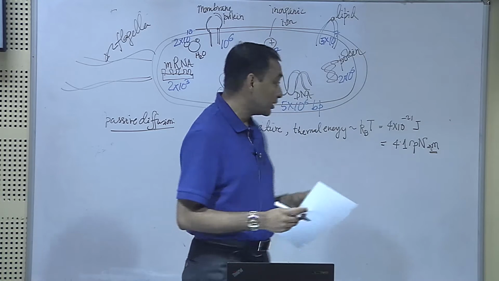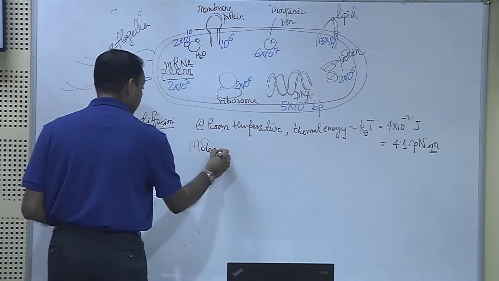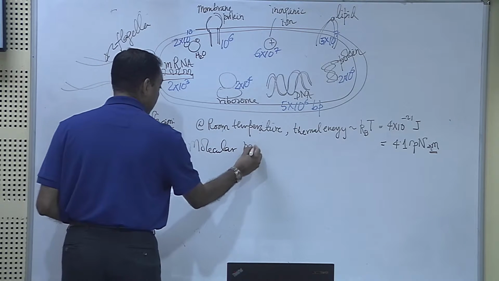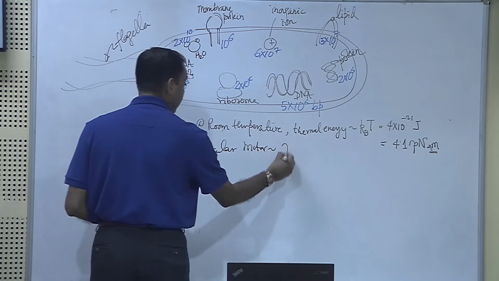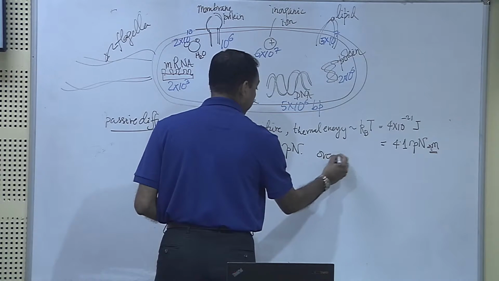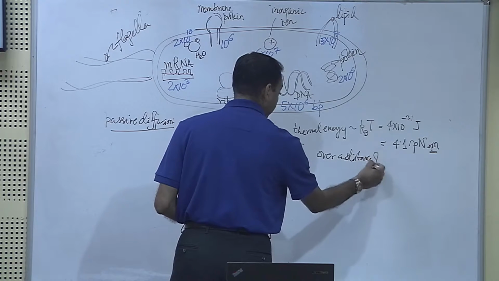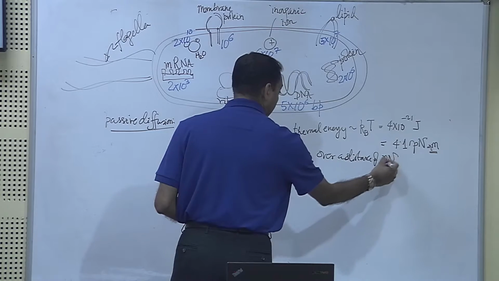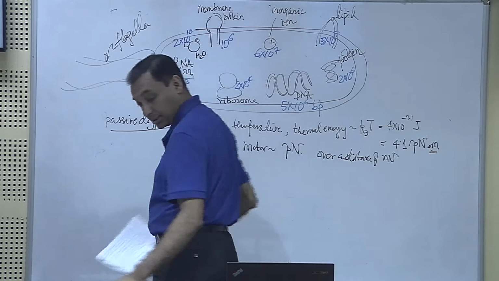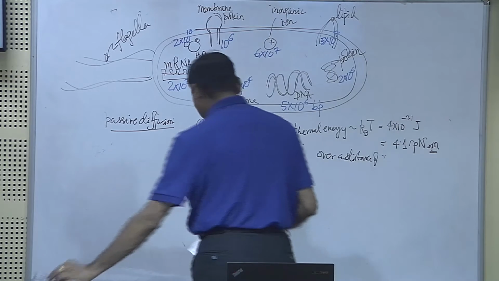So, the molecular motors that are present will be able to exert piconewton of force over a distance of nanometer. Hence, this becomes a comparable one over a distance of nanometer.